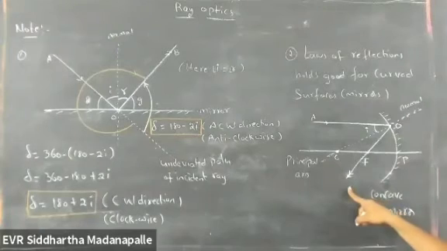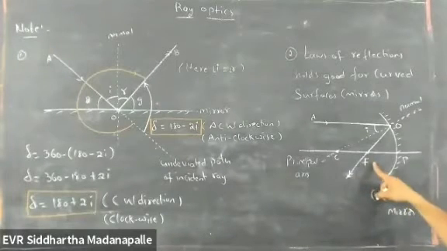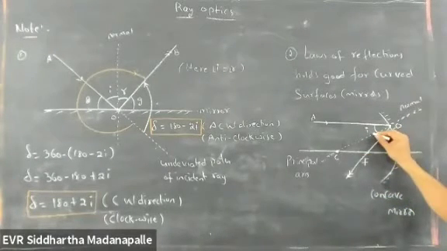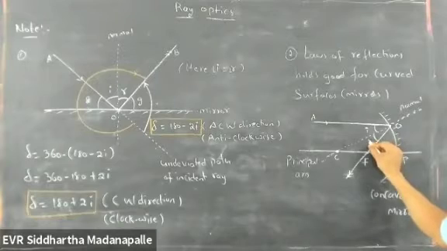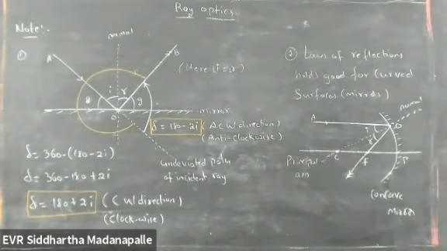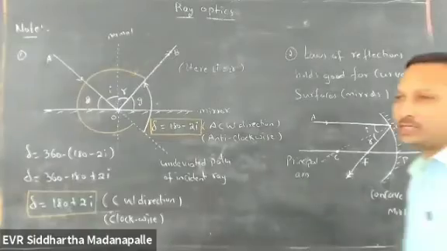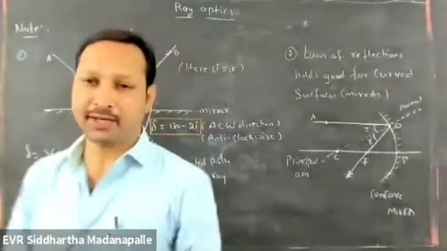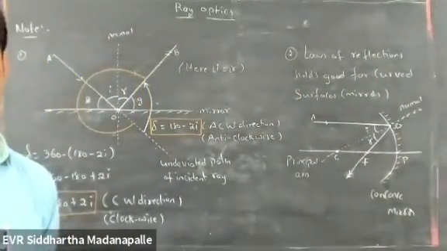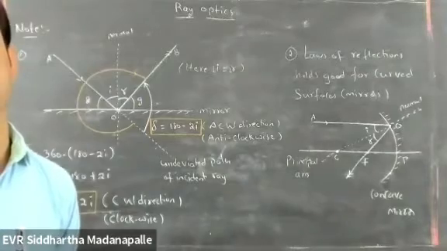This is the reflected ray here. The angle made by the reflected ray with the normal is the angle of reflection. In this case also, suppose the angle of incidence is 30 degrees, then the angle of reflection is 30 degrees. It means the law of reflection holds good.